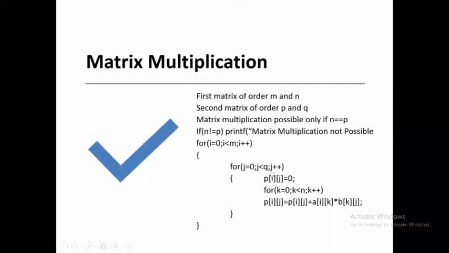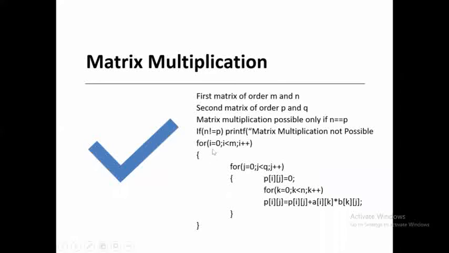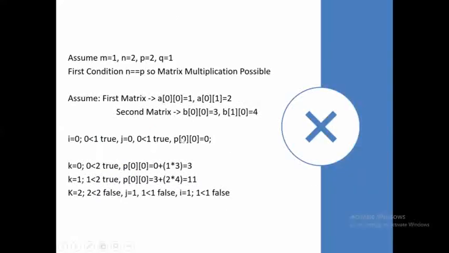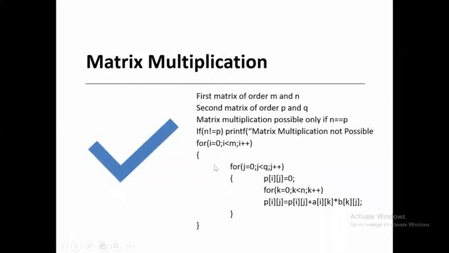Now the j value is going to be incremented by 1, so it is 1. 1 less than 1, the condition is false. Now control goes to this one. Previously the i value was 0. Next, i plus plus, i is incremented by 1, 1 less than the m value. Okay, 1 less than 1, the condition is false. So it's going to come out of all the loops.